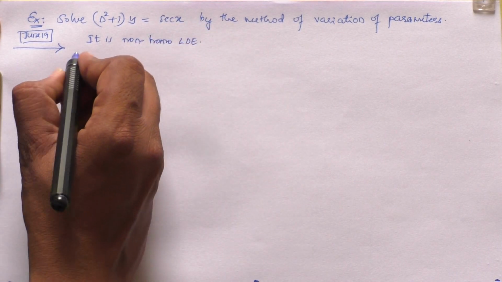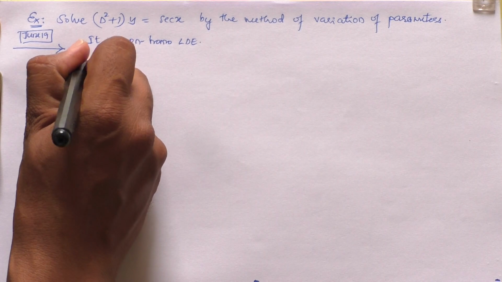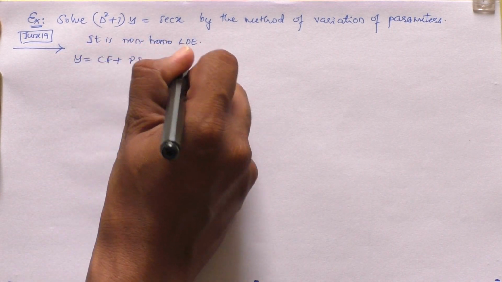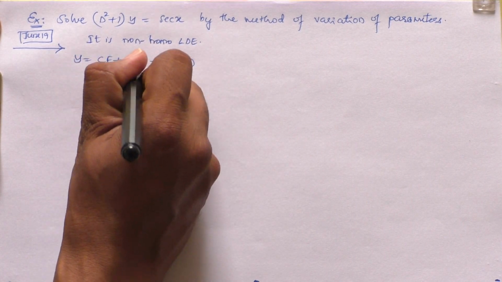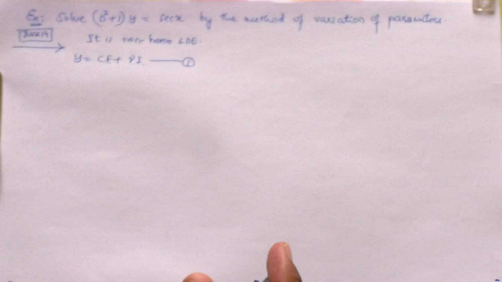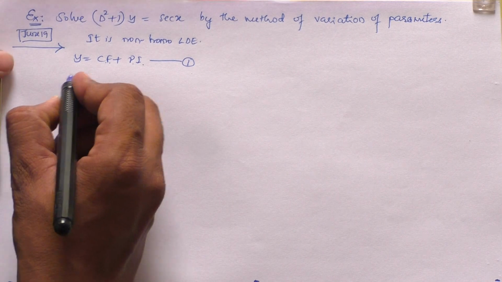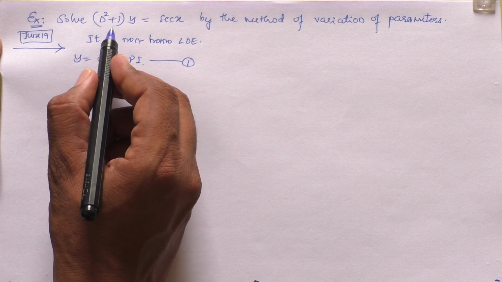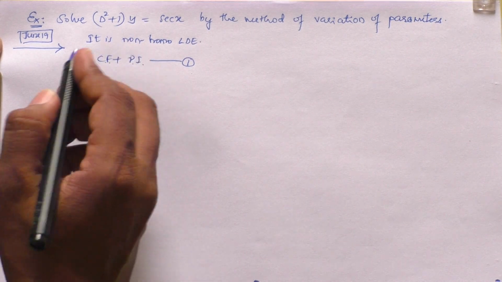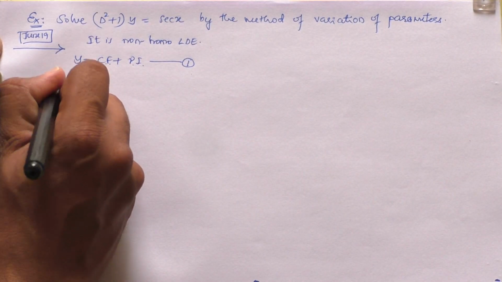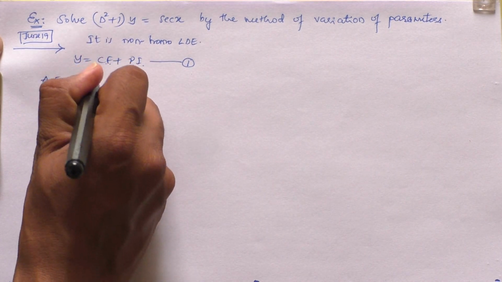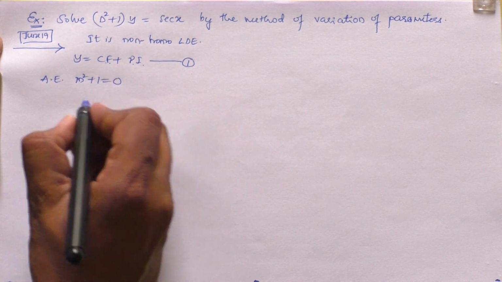In this case the solution is y equal to CF plus PI, and we need to find CF and PI separately. Let us find CF first, by referring to the LHS, which is D square plus 1. The auxiliary equation, replacing D by m, is m square plus 1 equal to 0.